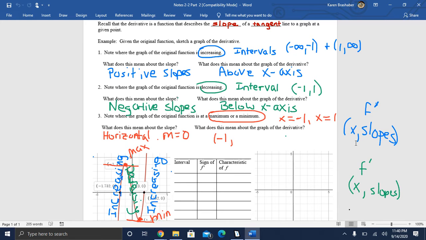And remember, my derivative is made up of x's, where I have these different characteristics going on, and then my y value is the slope. Well, at -1, I have a slope of 0, and at +1, I have a slope of 0.